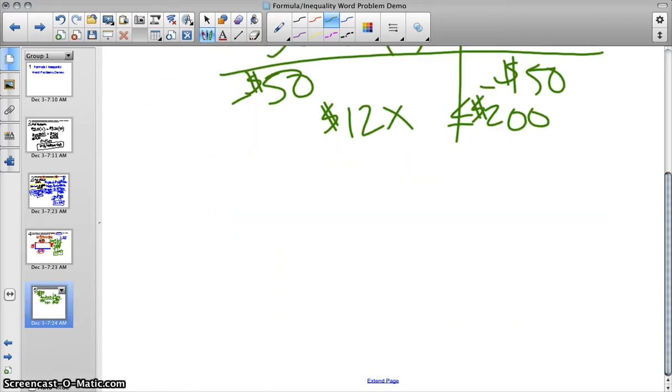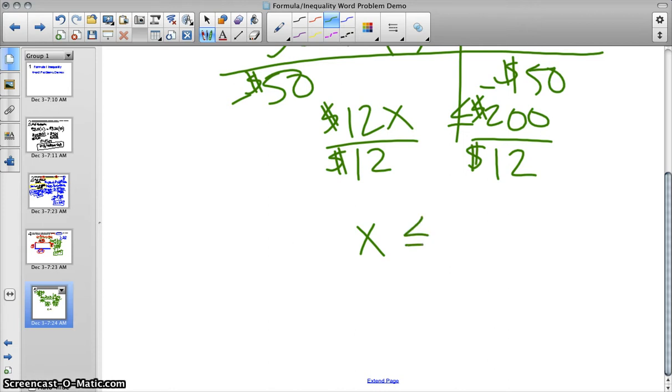Look, I'm even using green for money. Divide both sides by 12, and x is less than or equal to, well, I know 12 goes into 100 8 times with a couple left over, so I'm going to go with 16.